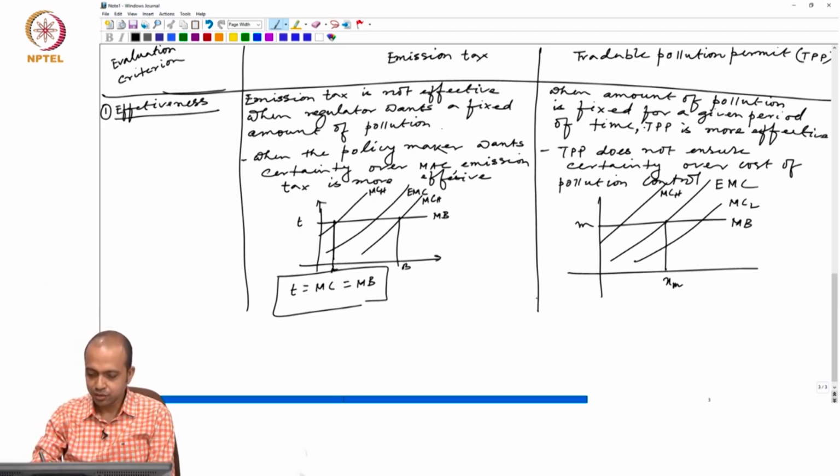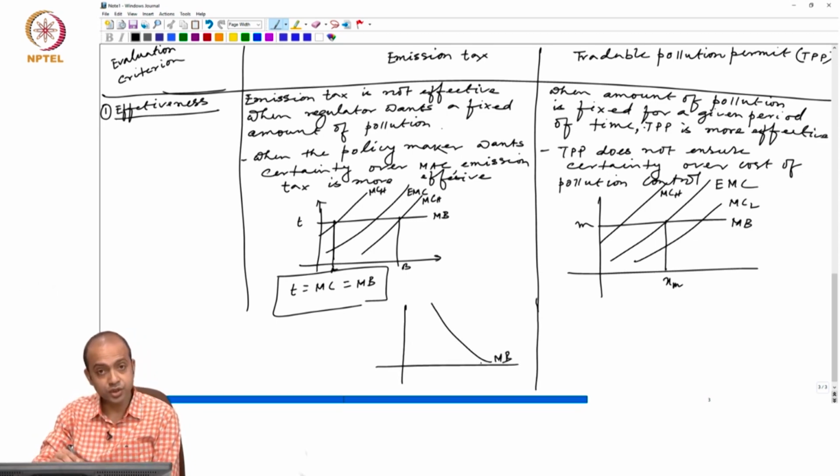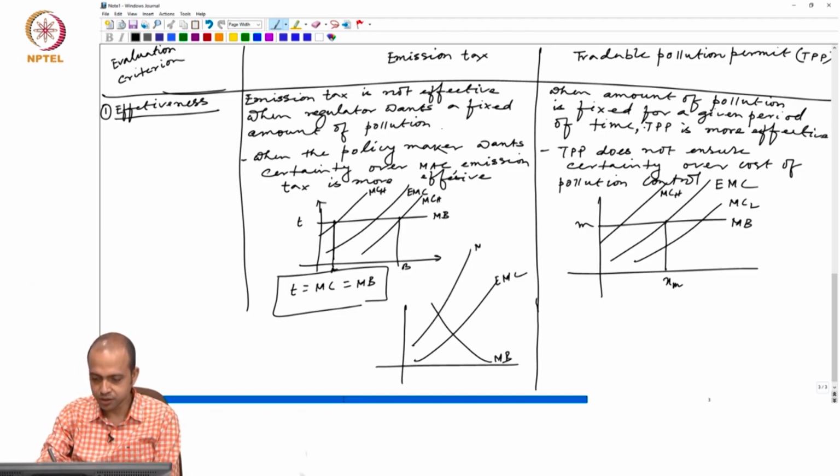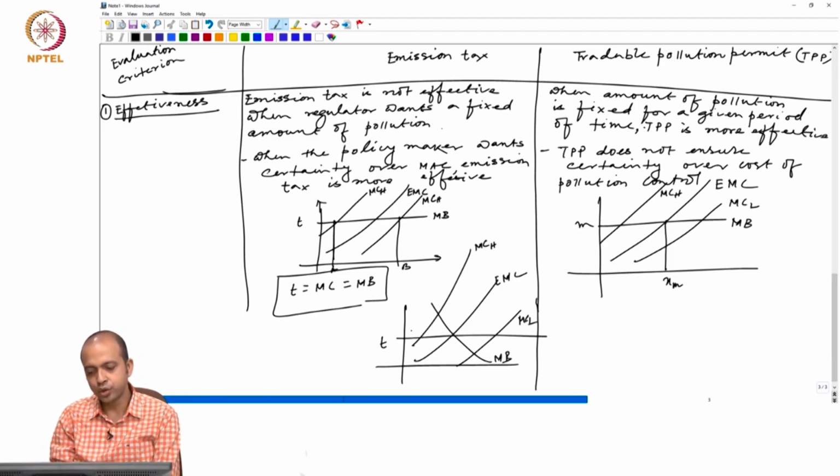And on the other hand, we have also discussed when the marginal benefit is a steep straight line, and let us say this is the expected marginal cost, then this is MC high, this is MC low, this is the tax. So, we will say that there is a divergence between what society wants, MB equals MC, and what the private firm will do.